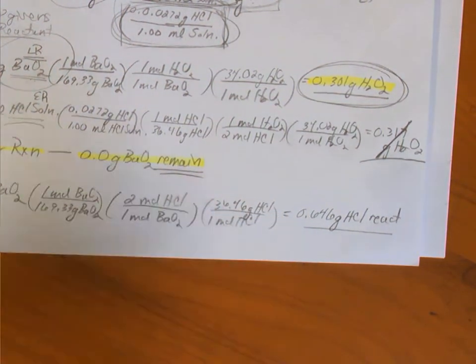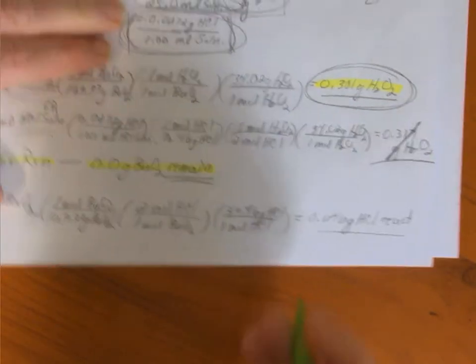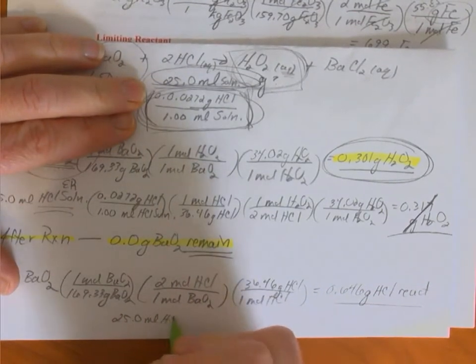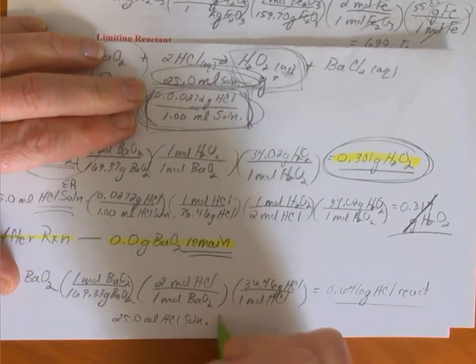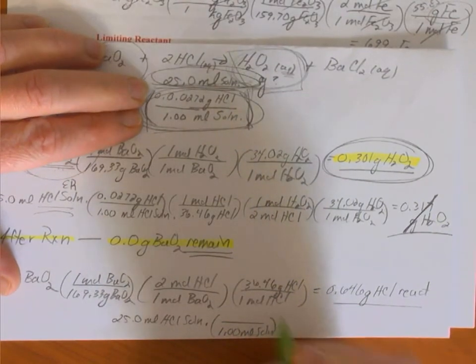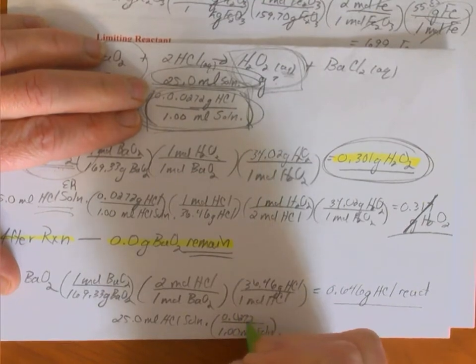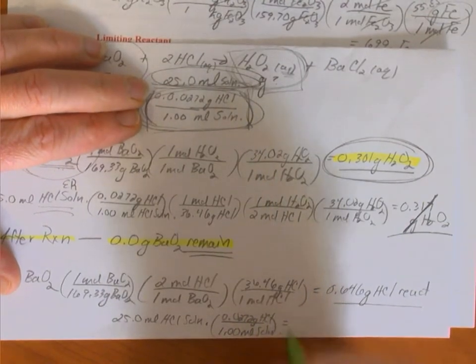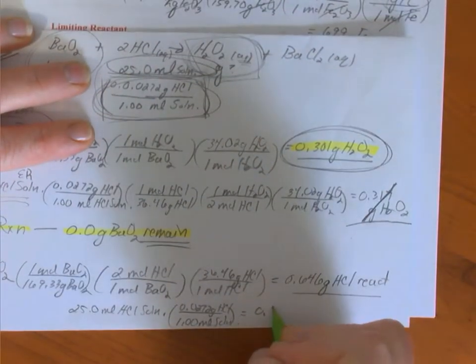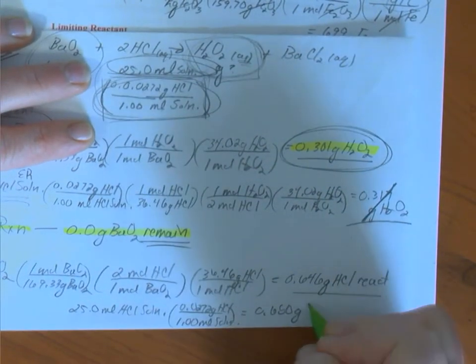Well, how much am I putting in? Well, you have a 25 ml HCl solution, and that solution for every 1 milliliter is 0.0272 grams. And so I am putting in 0.680 grams.